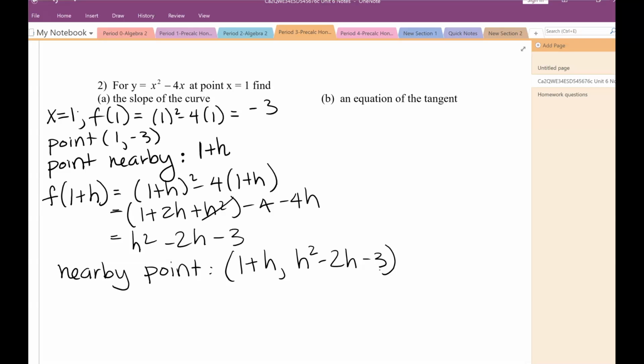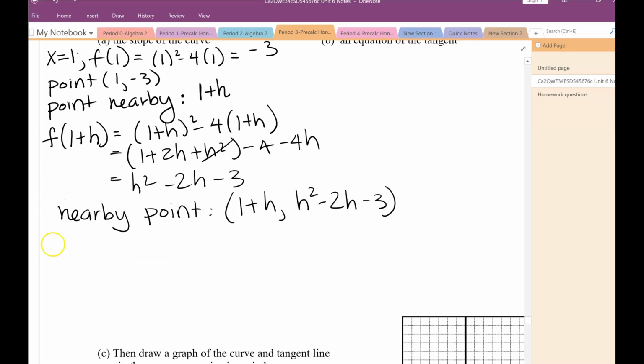Then the instruction said, okay, now we are going to use a limit. Limit as h approaches, what is h? The gap, right? The gap between, remember, the nearby point. I'm not picking 2. I'm not picking 1.1. It's just whatever it is. So what do you think h needs to approach? 0. My gap needs to be approaching 0.